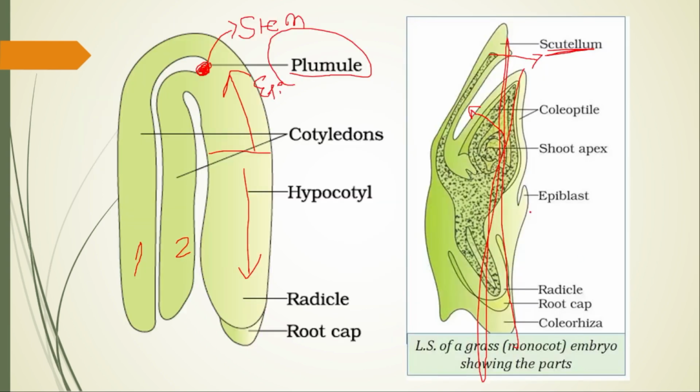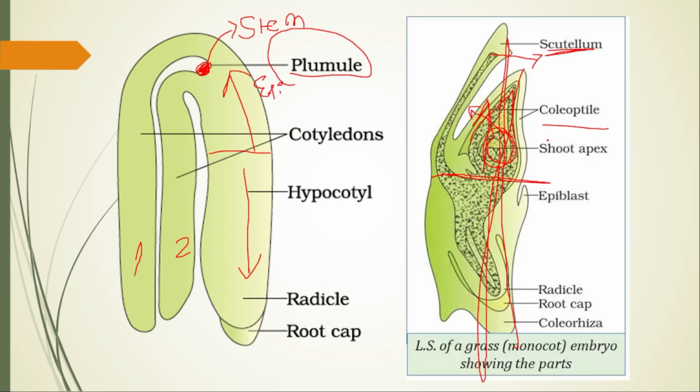See, let me explain what actually this is. This is the embryonal axis, whatever you are going to see. This is the level of the cotyledon. Above that is the shoot apex. This shoot apex is covered with a shoot sheath called coleoptile, but we don't have any kind of sheath in the dicot, only in the monocot.